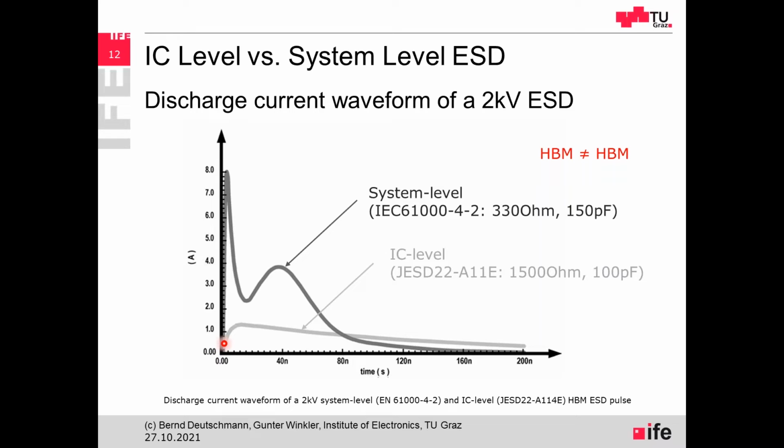And this is the simulation of the discharge current for a 2 kilovolt ESD discharge. So both currents are provided by a 2 kilovolt charging voltage. And you can see a significant difference between the system level and the IC level test. So at the system level, the current rises up very fast, in this case up to 8 amps, while at the IC level, the current goes up to 1.4 amps, for example.